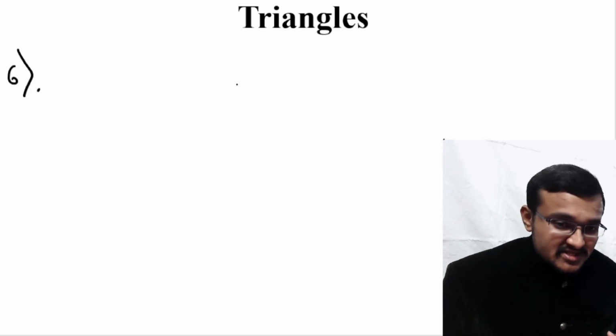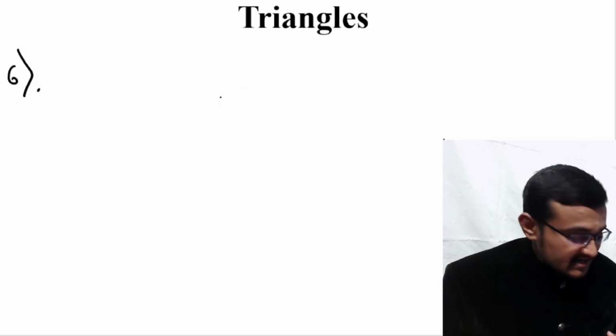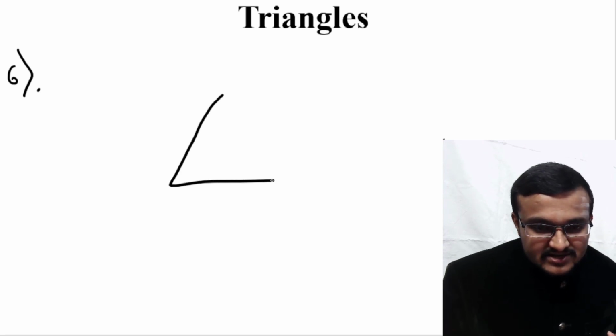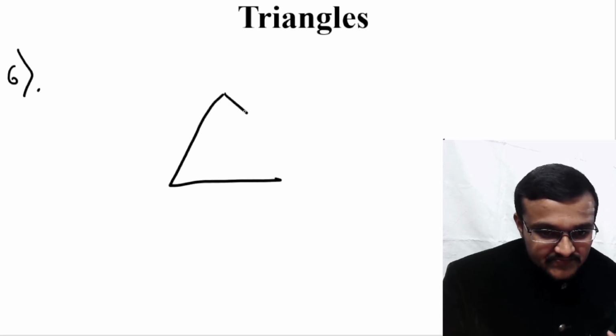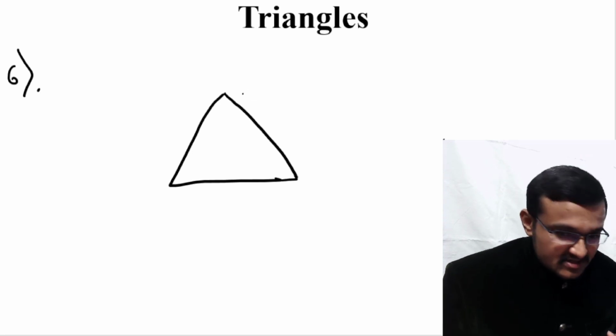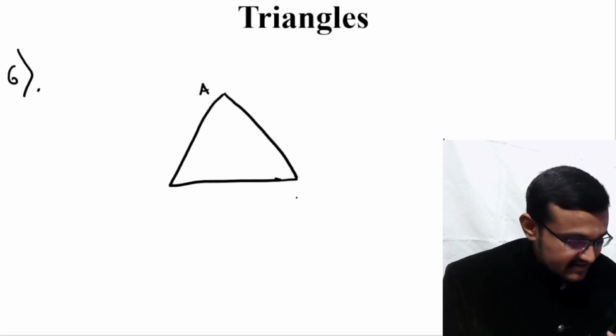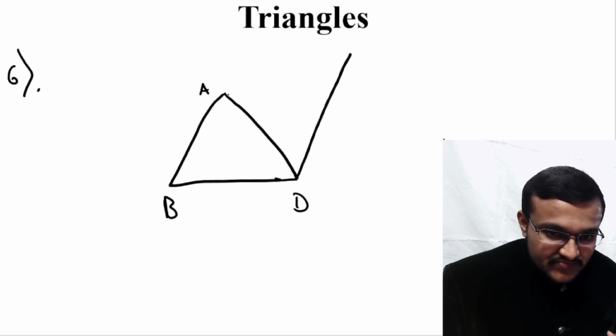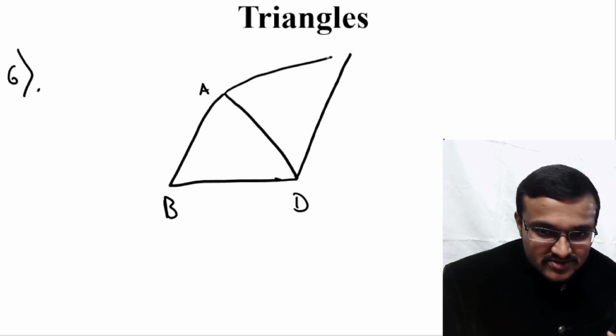Now we will look into the sixth question. Here they have given a little bit complicated diagram, so I'll just try to draw this diagram roughly. You have one triangle like this. This is A, D, B, and there is one line from D to E, and AE is also connected.